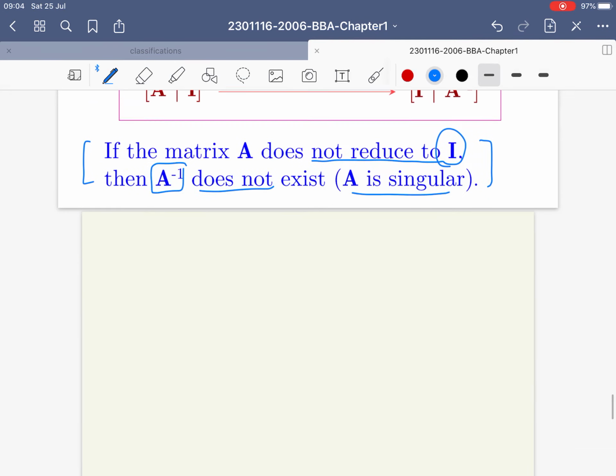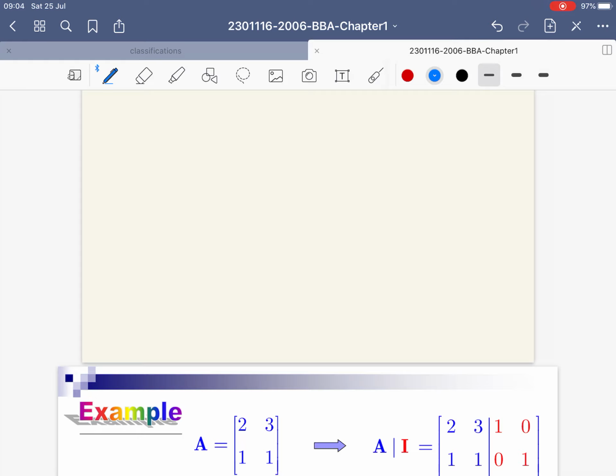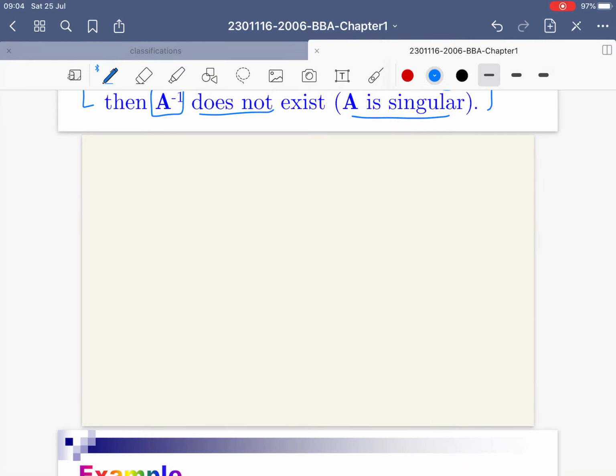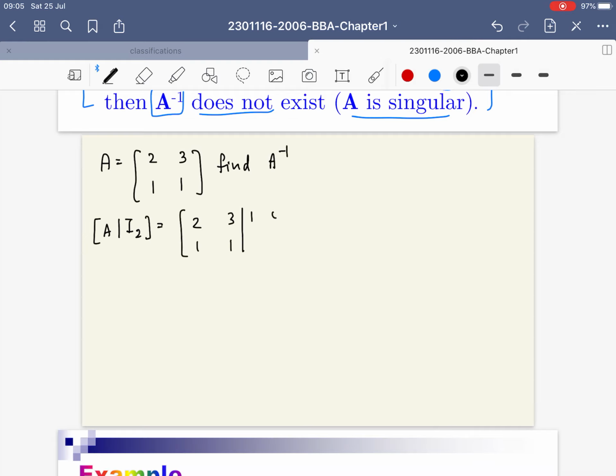So let us show you one example, like the one that we just did before, the 2, 3, 1, 1. If your A is 2, 3, 1, 1, and you need to find your A inverse, all you need to do is attach your A with your I2 as the augmented matrix. You guys must be patient because this will involve a long calculation process.